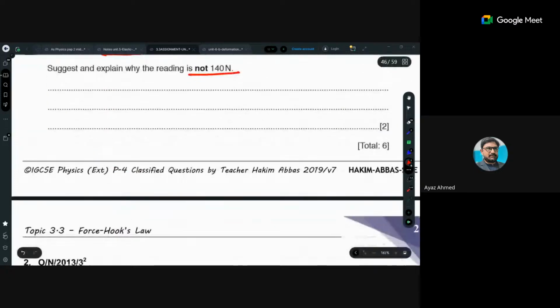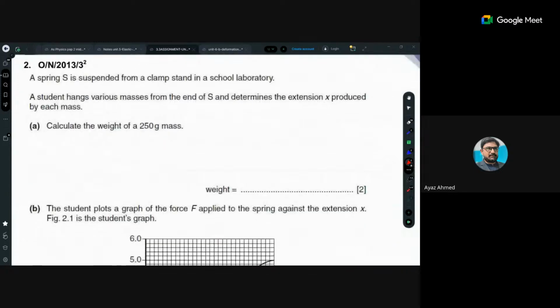Okay, I will draw a diagram. Let's say this is a spring balance, and the readings on it are 0, 10, 20, 30, 40, 50, 60, and so on, reaching 150. So this is your 150. Are you getting my point?